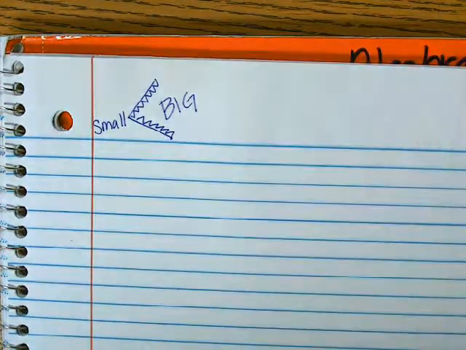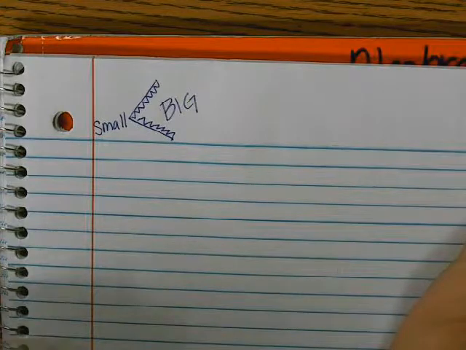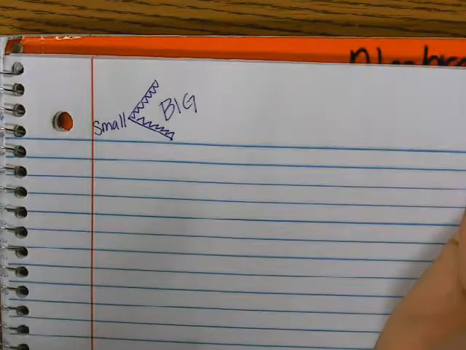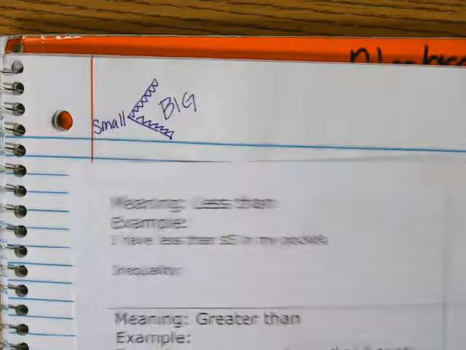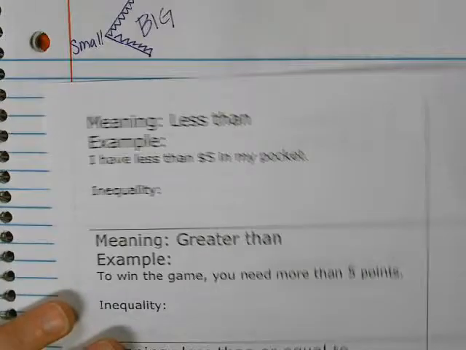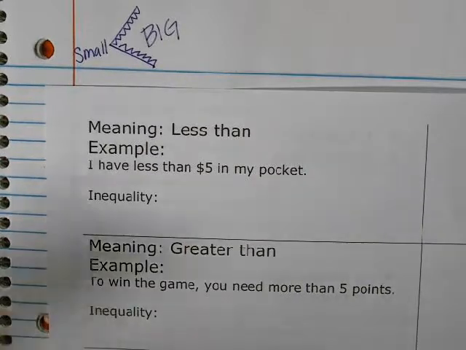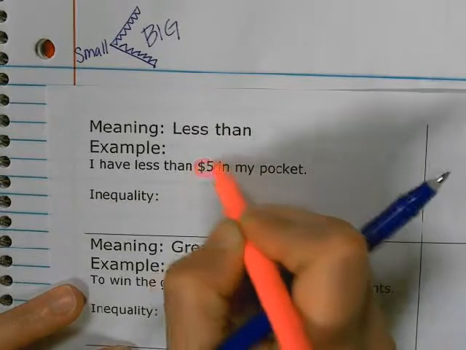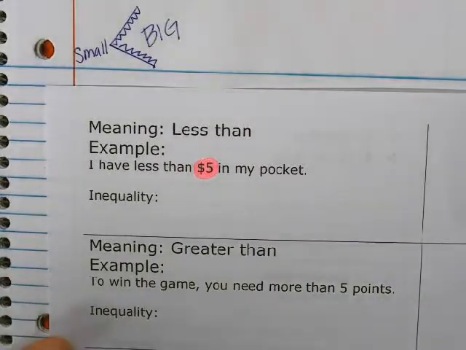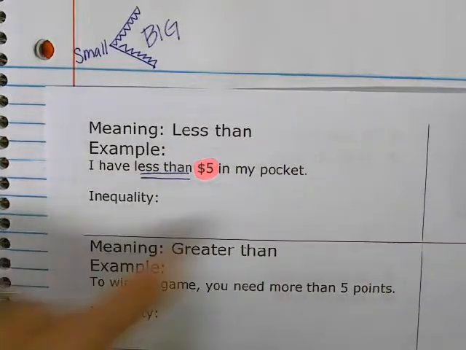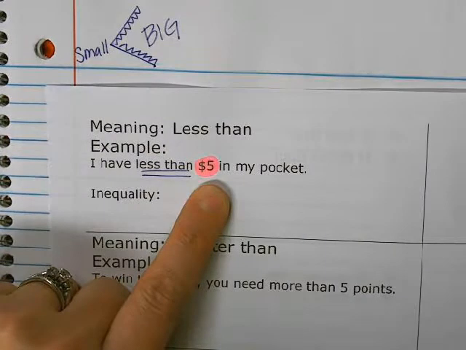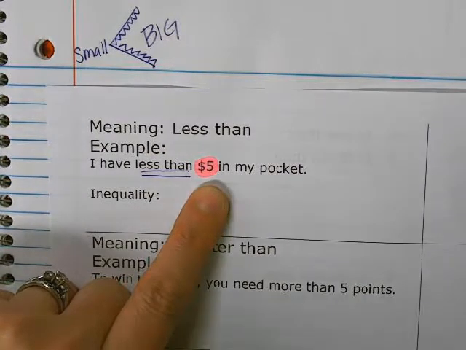Okay, so moving on, the next thing we need to talk about is also when we're writing a phrase like, let's look at this example on this page. It says, I have less than $5 in my pocket. We need to ask ourselves about this $5, okay? Now, I look at the number and I have to decide. Is $5 a minimum amount or is it a maximum amount?